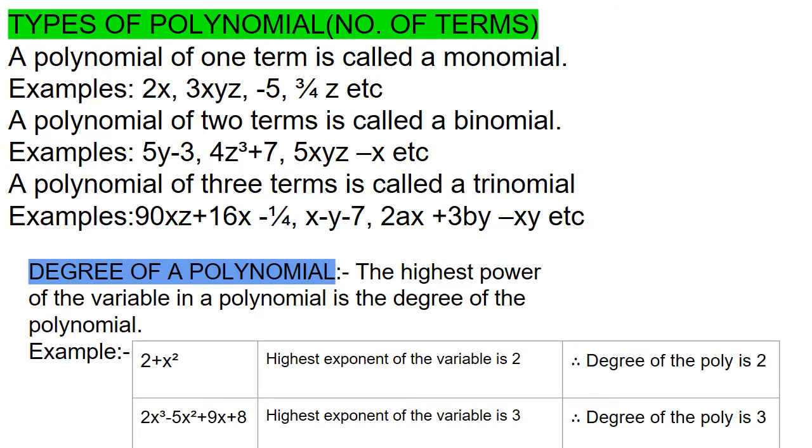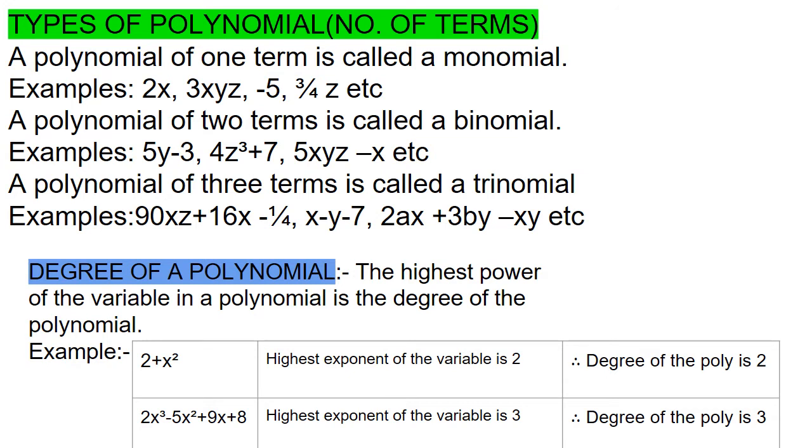Here 2 into x is 2x, only one term. 3 into x into y into z, we get 3xyz, a single term. Minus 5 is also a single term. 3 by 4 into z is also a single term. So a polynomial of one term is called a monomial. We can give so many examples of monomials.